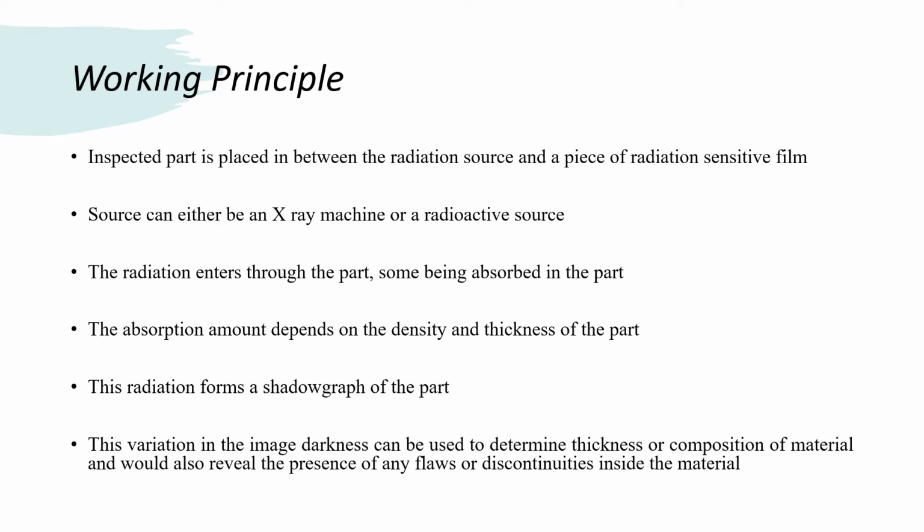The basic setup essentially consists of a source of radiation, the object to be radiographed, and a detector, which is normally a sheet of photographic film. So students, the inspected part is placed in between the radiation source and a piece of radiation sensitive film. The source can either be an X-ray machine or a radioactive source. The radiation enters through the part, some being absorbed in the part.